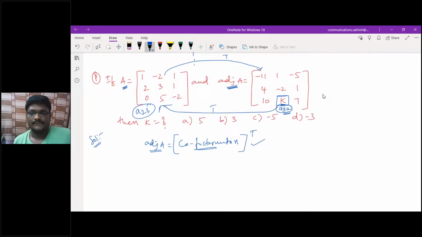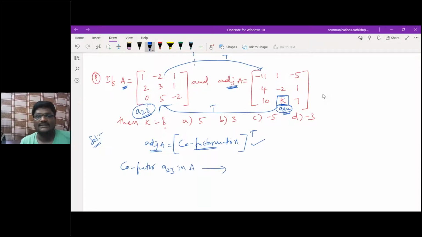Understood, sir. So now if I calculate the cofactor of the A23 element in the given matrix, that itself is the value of your K, or not? What is the cofactor of A23 in the given matrix? A23 means the second row, last element.